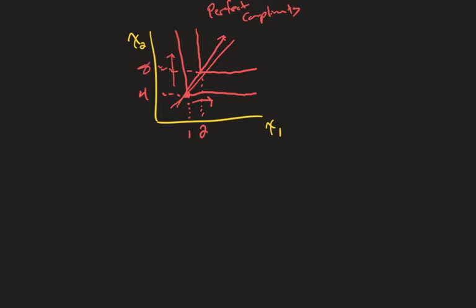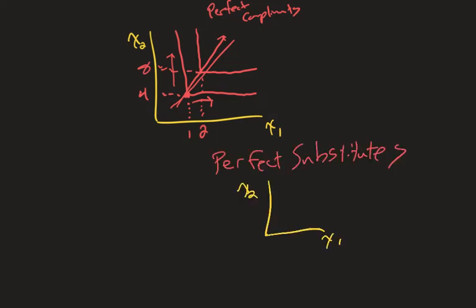The other extreme would be perfect substitutes. And with perfect substitutes, your indifference curves will be represented by lines. And the slope of that line just tells you at what rate you are willing to give up good 1 to get some more of good 2 and keep your utility constant.